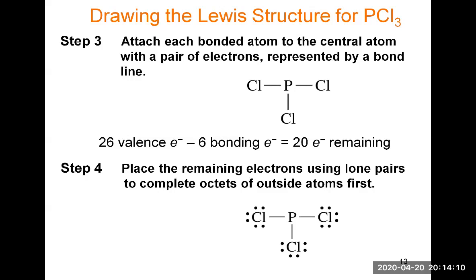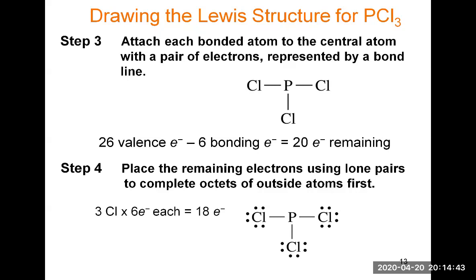So it would look like this when you have placed 3 lone pairs on each chlorine. 3 lone pairs times 2 electrons each, that's 6 electrons per chlorine. You have 3 chlorines, so 3 times 6 is 18 electrons that we just placed there.